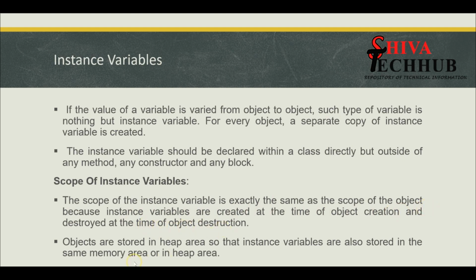So this is one more point. They are stored in the heap area. So instance variables are stored in the heap area. Instance variables you can also call class level variables, where we assign the variables inside the class.